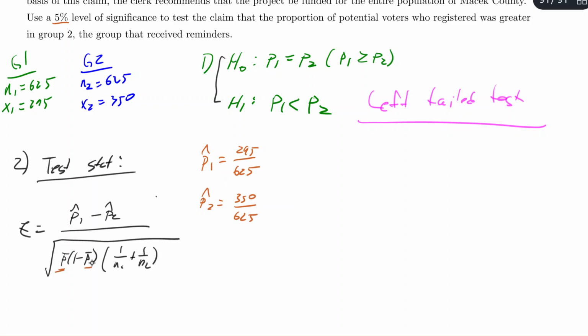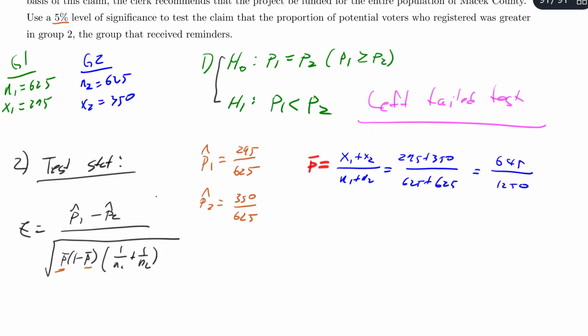And then p bar is x1 plus x2 over n1 plus n2. So in this case, x1 is 295, x2 is 350, so add those two numbers. n1 is 625, n2 is also 625, which gives me 645 over 1250.